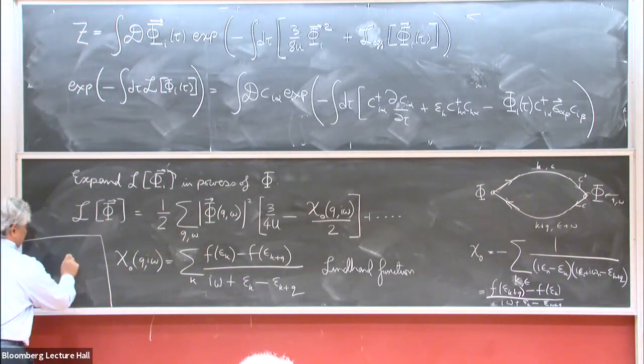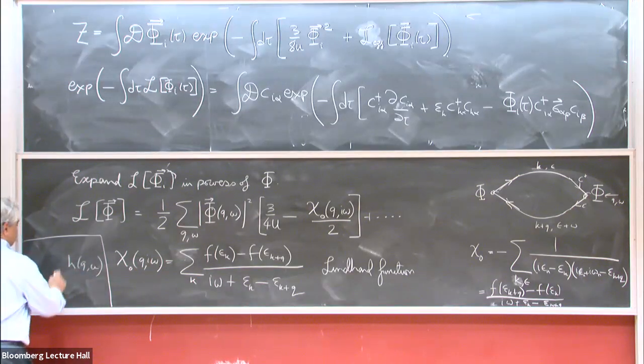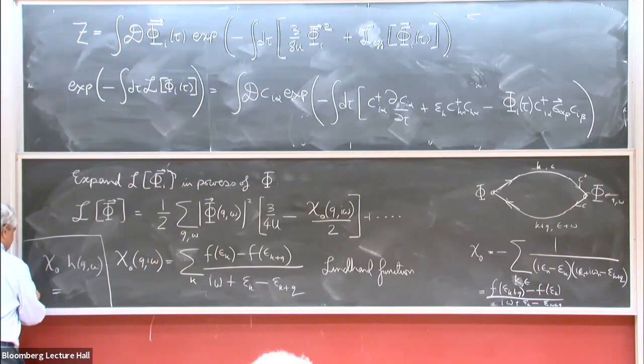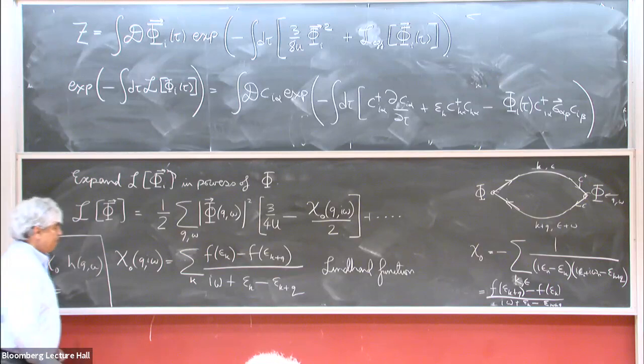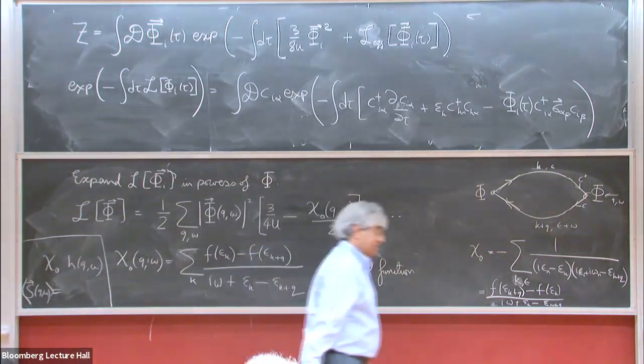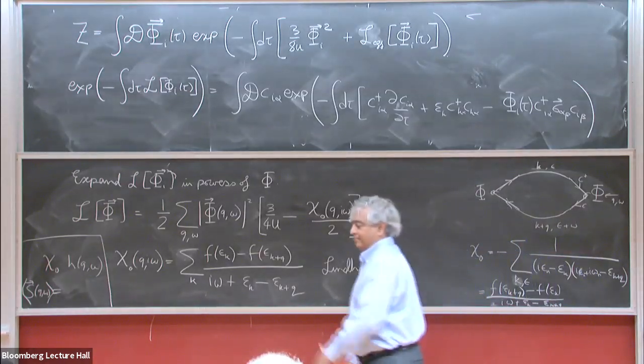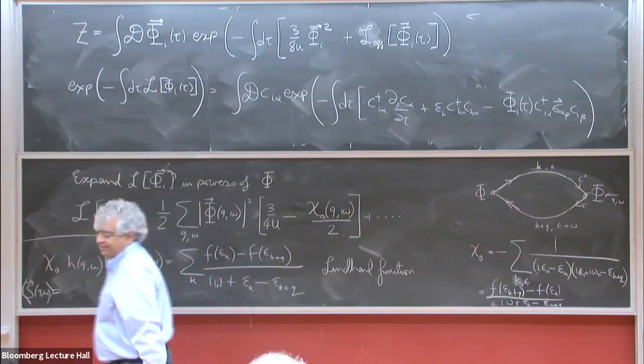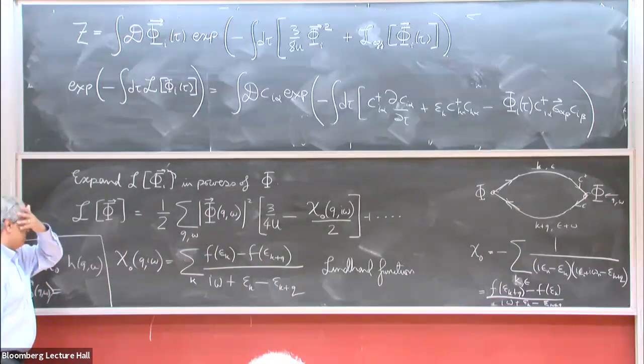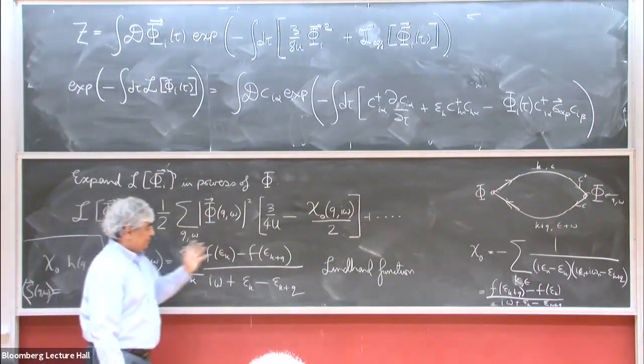So if you apply a magnetic field, Zeeman field H of Q and omega, then chi 0 determines the spin density average in the presence of the magnetic field of the free electron gas. Similarly, for a dielectric, this is really the thing that appears in the polarizability. If you apply an external potential, you get a response to the charge density of the electron gas, and they're all determined by this Lindhard function.